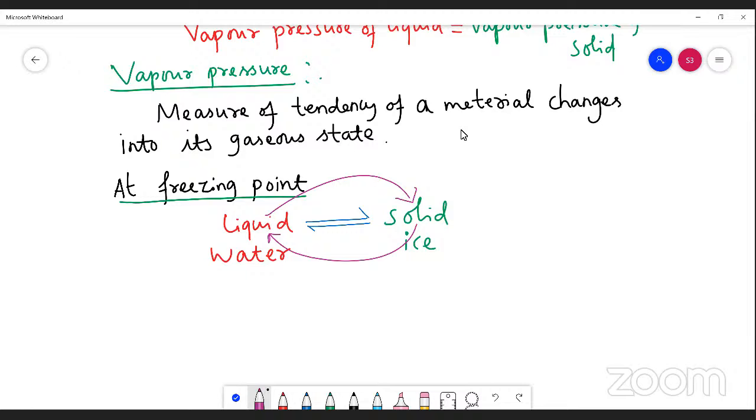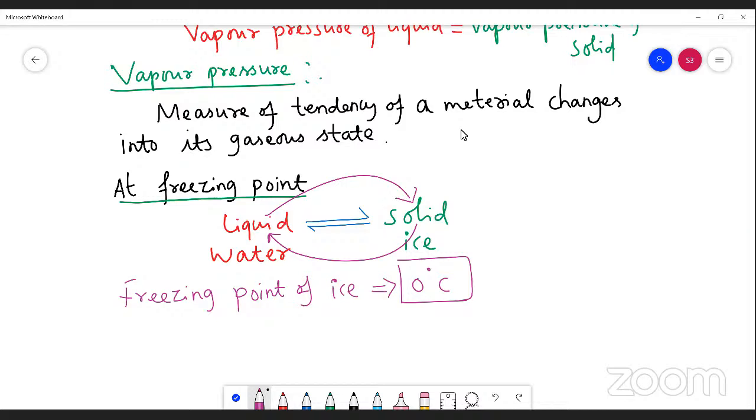We know the freezing point of ice is generally 0 degrees Celsius. So it is understood that the liquid state of water is converted into the solid state named ice. This process occurs at a particular temperature of 0 degrees Celsius. That is why it is given that the freezing point of ice is generally 0 degrees Celsius.